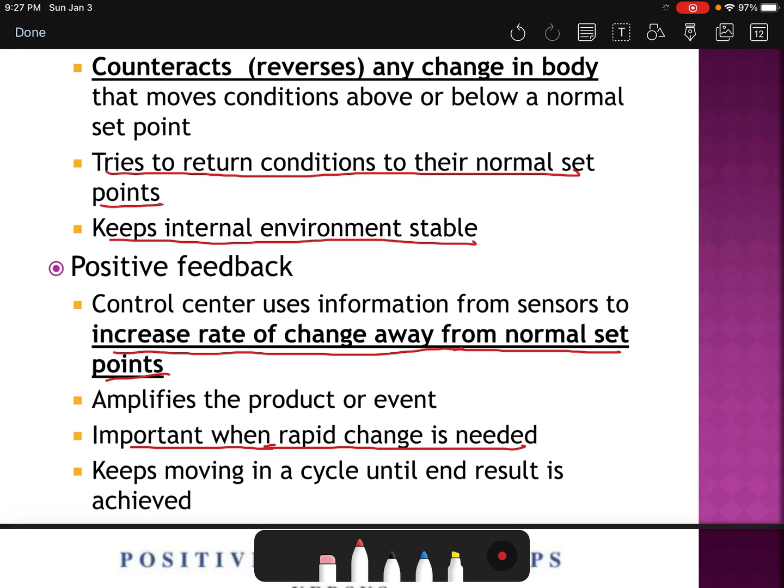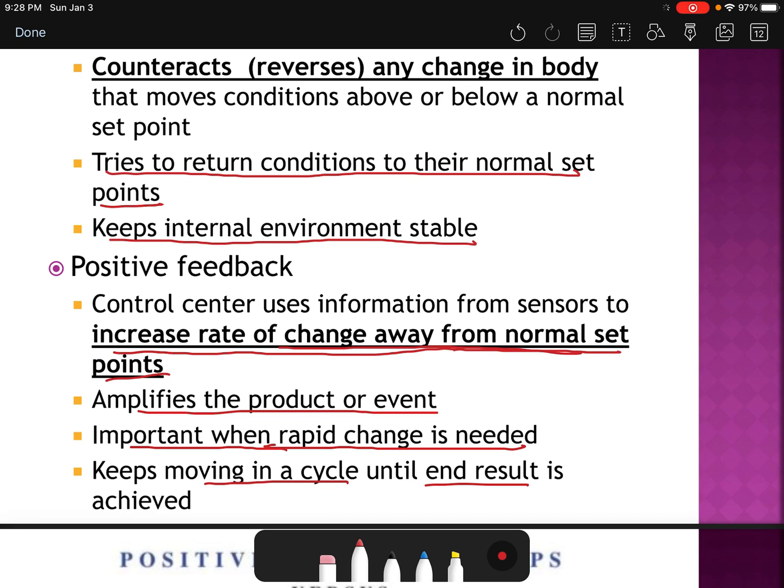And so by amplifying the product or the event and moving it further away from the set point, we can finally get that end result, okay? Positive feedback loops are interesting in that they have almost a mini loop within them, because as that product is amplifying and amplifying, it keeps going until the end result, as it's moving away from that normal set point, okay?